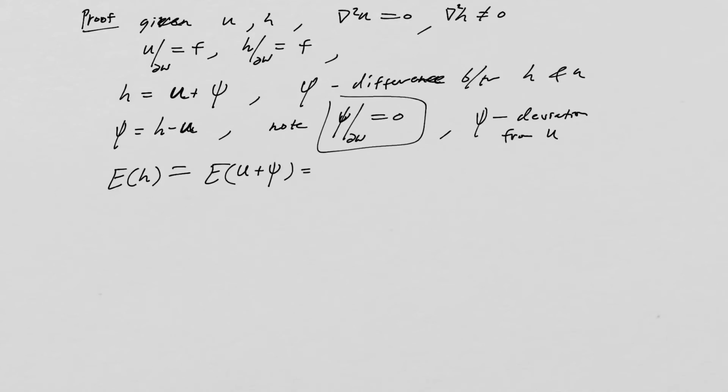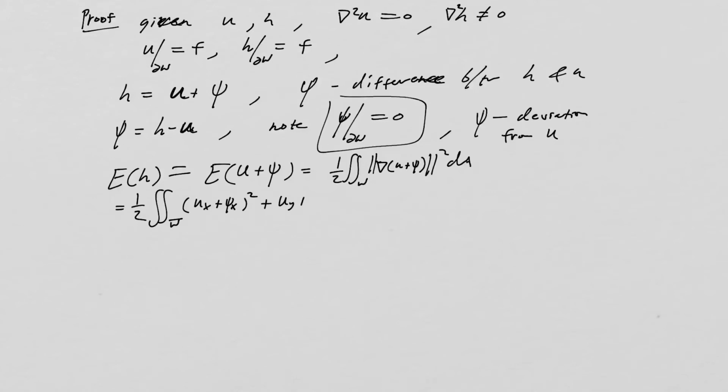And we know that's going to be equal to 1/2 the double integral over W of the gradient of U plus psi in squared magnitude dA. Let's just get started with calculating this. That's going to be 1/2 the double integral over W of the sum of (ux plus psi x) quantity squared plus (uy plus psi y) quantity squared dA.